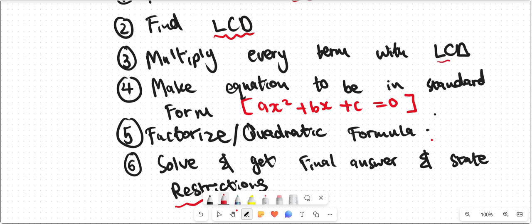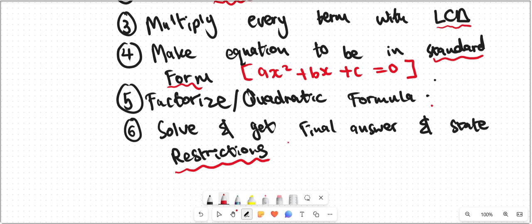I showed you what standard form looks like. Standard form is this that I just wrote there next to it. Then lastly, you need to factorize or use your quadratic formula. Then in your last step, you need to solve it. Obviously, x is equal to something, x is equal to something, and you need to state your restrictions.